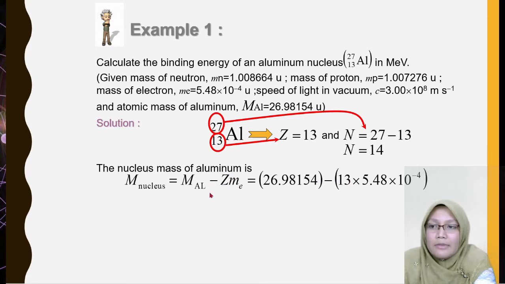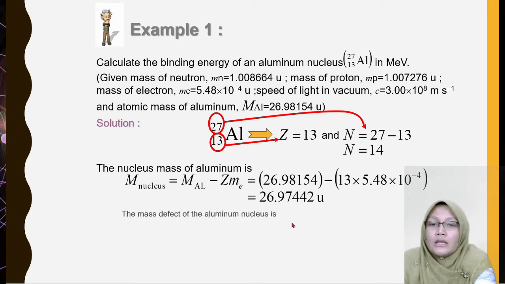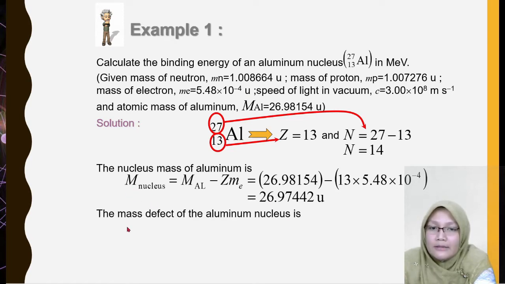Since mass of aluminium awak dalam unit u, bukan kilogram, mass of electron kita kena pakai dalam unit atomic mass unit, unit u juga. So dapat mass of nucleus 26.97442 u.